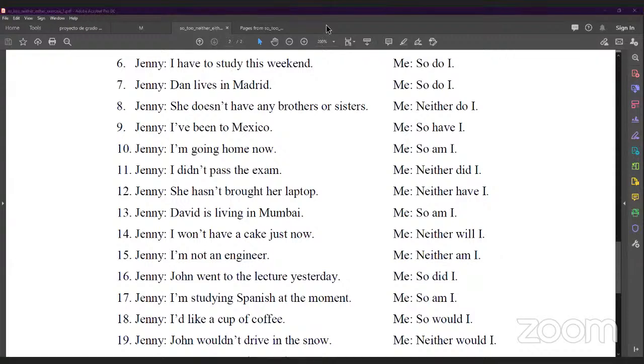Okay, guys, question, please. Any question for this structure? Question, please.